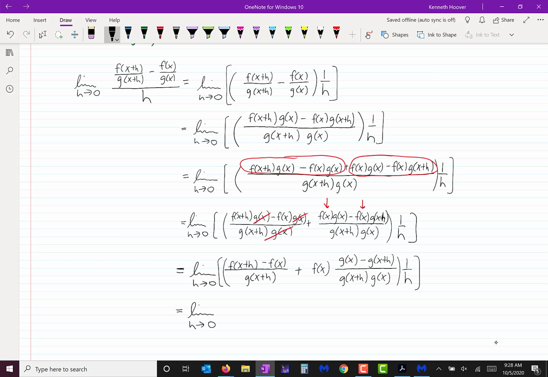So here's what I'm going to do. We need to multiply times 1 over h. So what's that going to do? It's going to put an h on the bottom of both fractions, correct? So here's what we're going to get at the beginning. We're going to have an f of x plus h minus f of x.